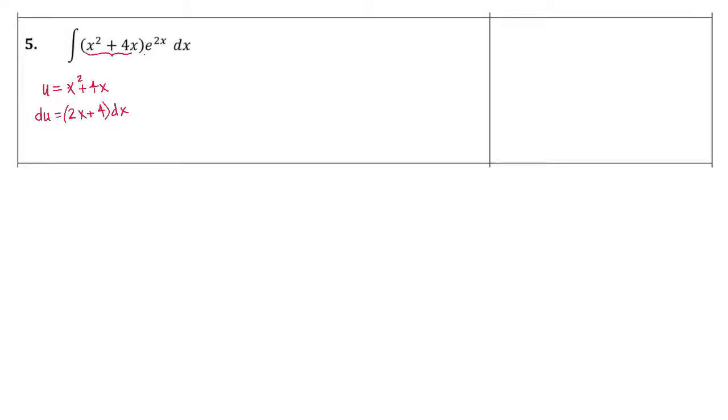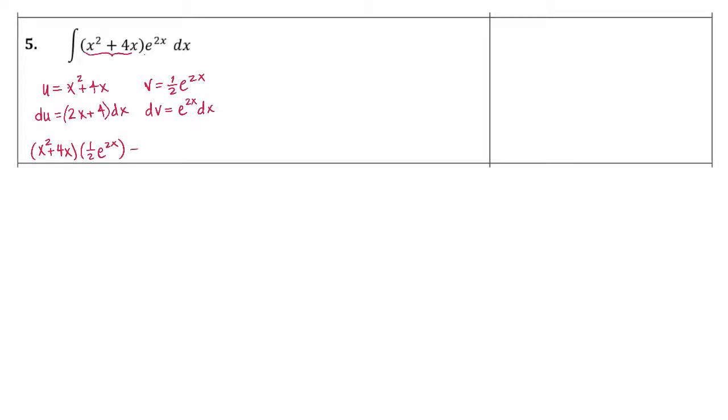So maybe that'll help. And then that's going to mean that dv is going to have to be e to the 2x dx. And when I integrate that, that's going to give me v, which is going to be 1/2 e to the 2x. Now let's go through and see. We're going to have uv, so I have x squared plus 4x times 1/2 e to the 2x.